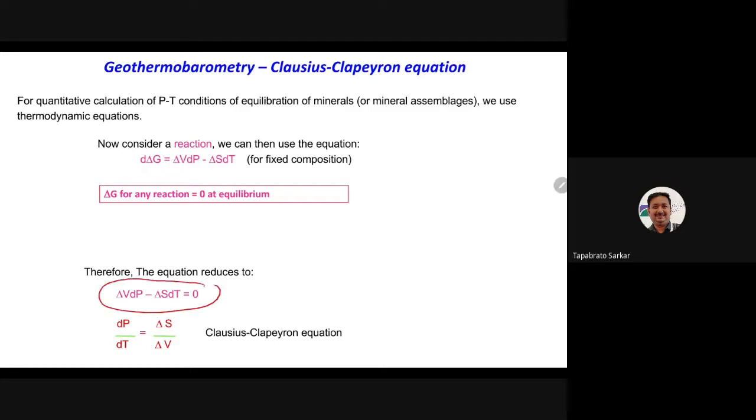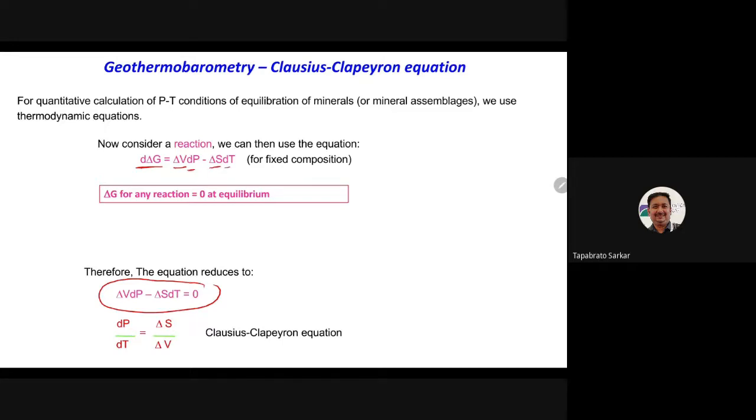Basically, the derivative of del G equals del V into dP, the change in volume into a small change in pressure, minus the change in entropy into dT.